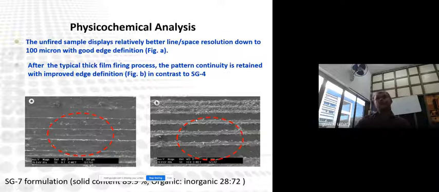And after a typical firing process, we got better continuity and edge definition as well. The red circles show the 100 micron line and space resolution.